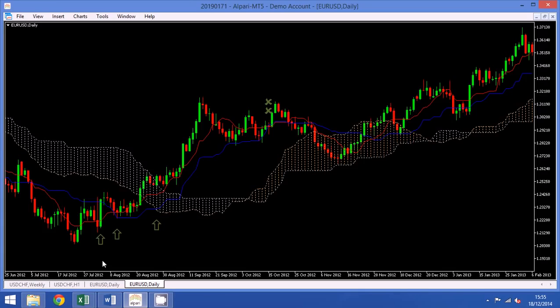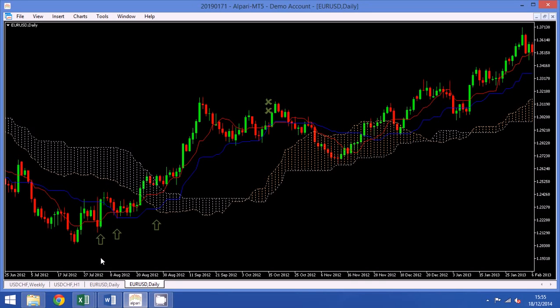To do this, I've chosen 3 entry and exit strategies using the Ichimoku lines, and I'm going to see how well they perform just on a simple automated basis.